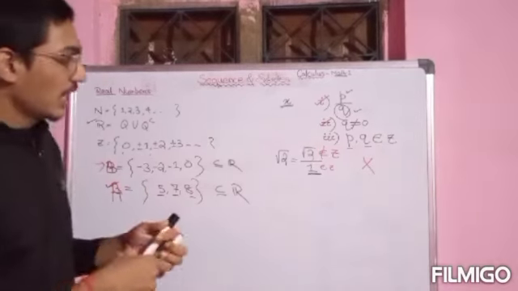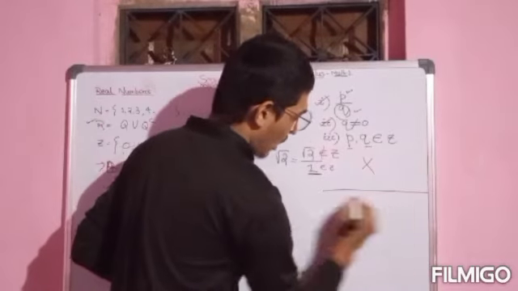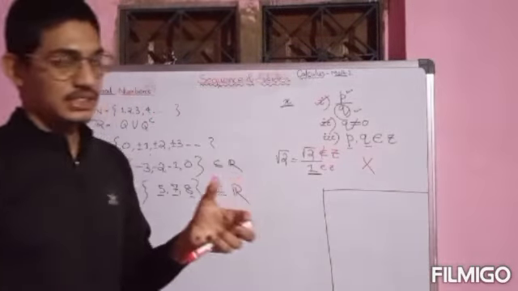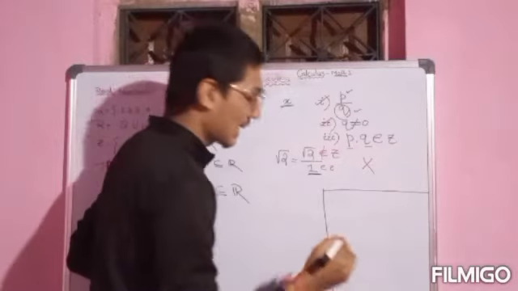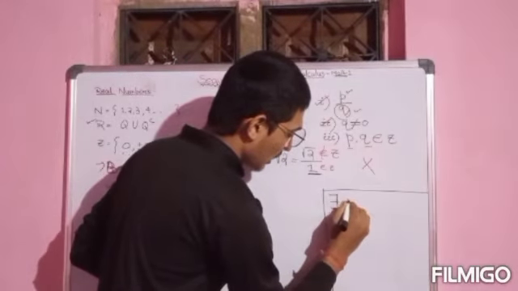And again, you will come across two words. One is there exists, or at least, and the symbol for that is this one.